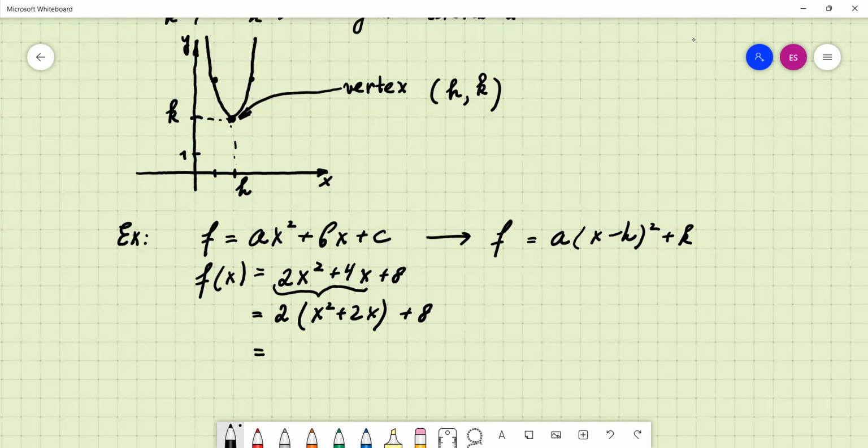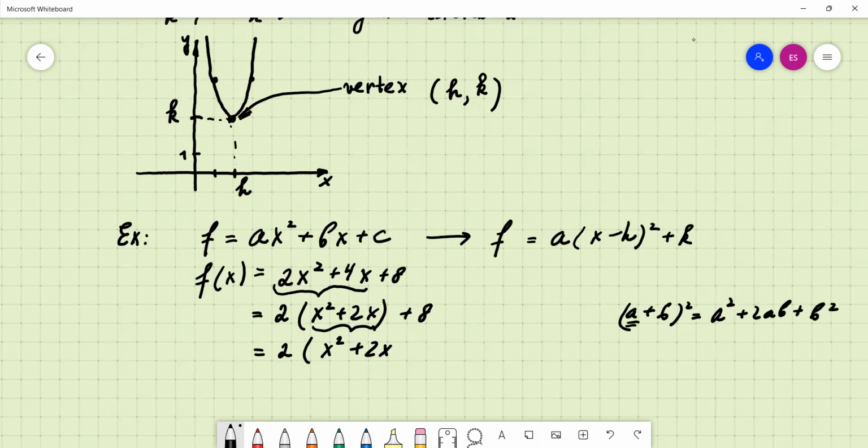Next step, I'm going to complete the square in parentheses. What does complete the square mean? What is missing to complete the square here? I know that if it's (a plus b) squared, I'm going to have a squared plus 2ab plus b squared, right?